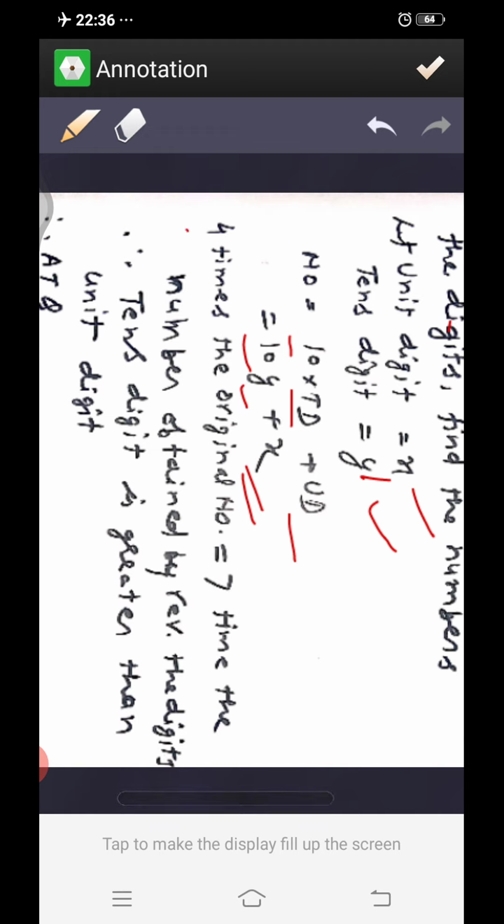The original number is multiplied by a smaller number. So we are getting 7 times the number which is made by reversing the digits.